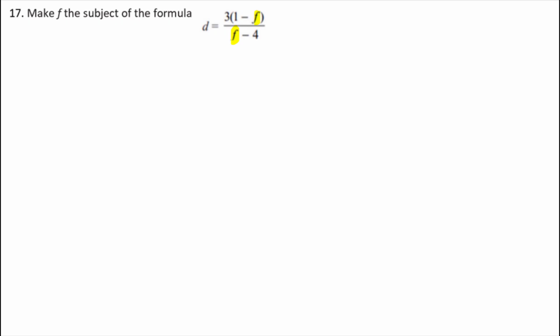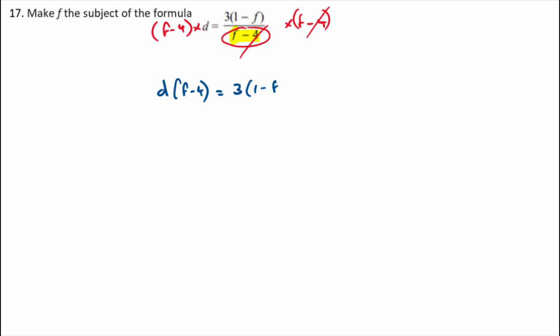Right, so the first thing I'm going to do is cross multiply the denominator. So I'm going to multiply both sides by f minus 4. So if I times f minus 4 on both sides, f minus 4 times that is going to cancel with that one, and it's going to leave me with d lots of f minus 4 equals 3 lots of 1 minus f.